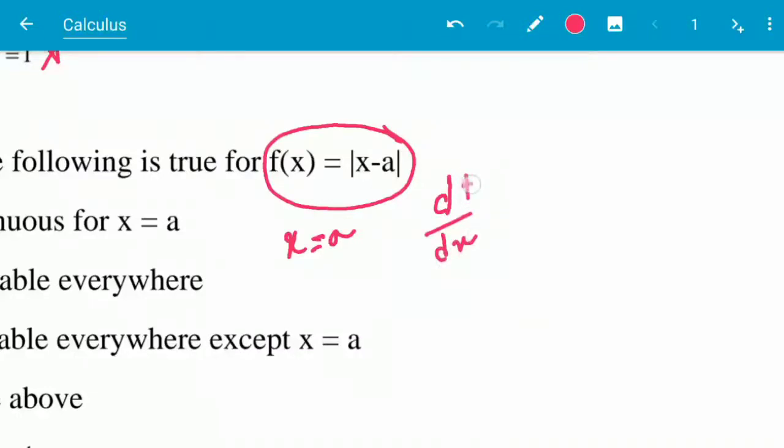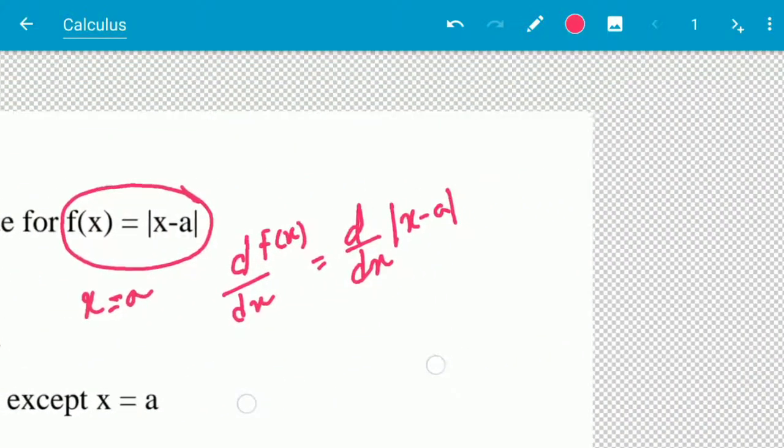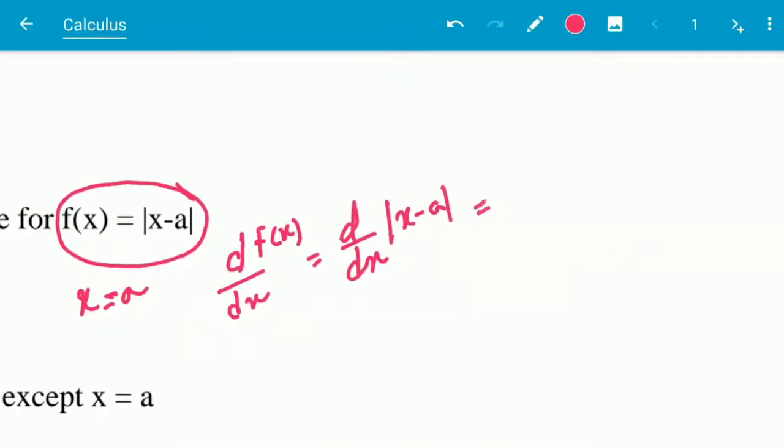The differentiation of f(x) will be d by dx of mod of x minus a, which will be equal to mod of x minus a by x minus a.